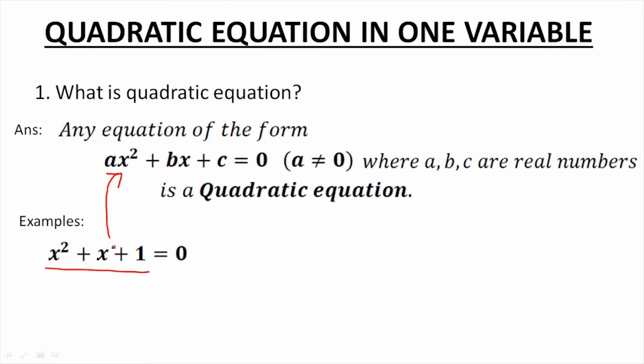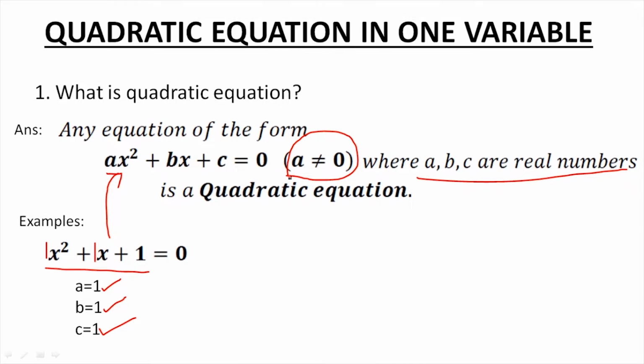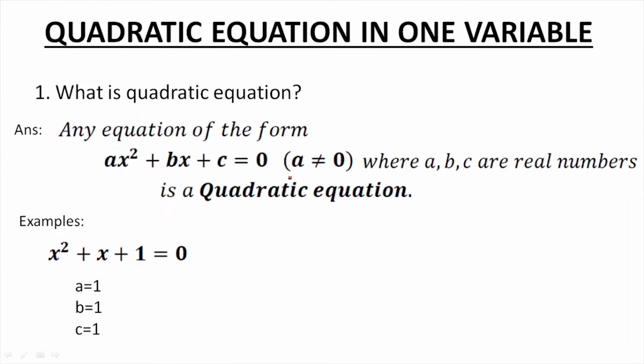We get a equals 1, b equals 1, and c equals 1. These are all real numbers and a is not equal to 0. Important thing is a should not be equal to 0. So these conditions are satisfied.